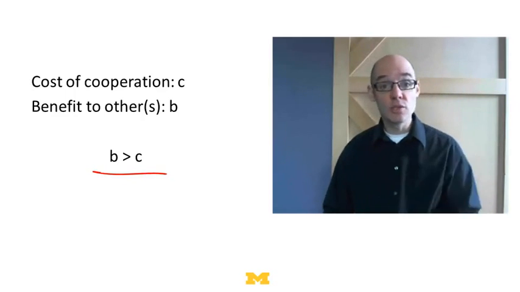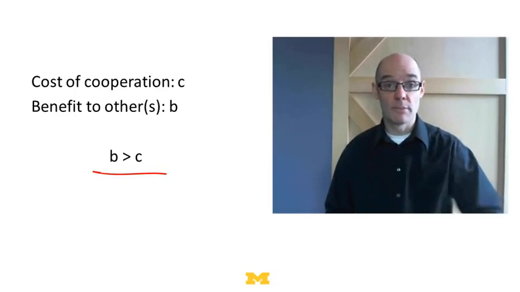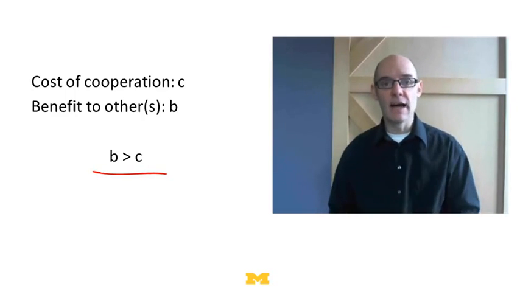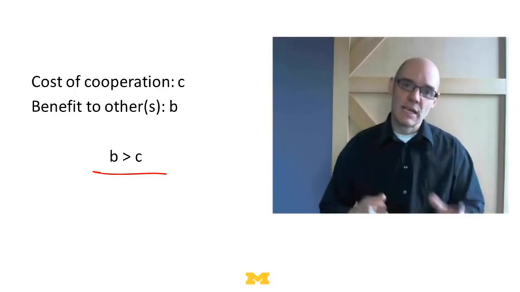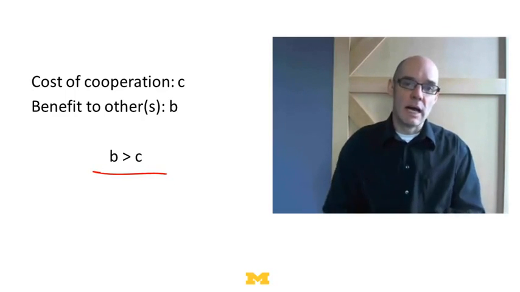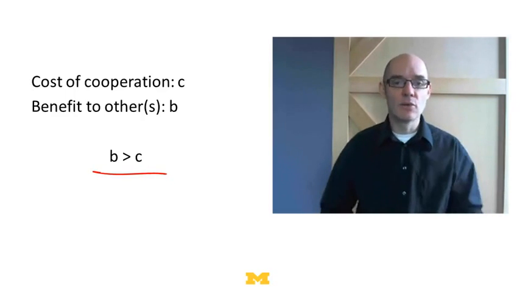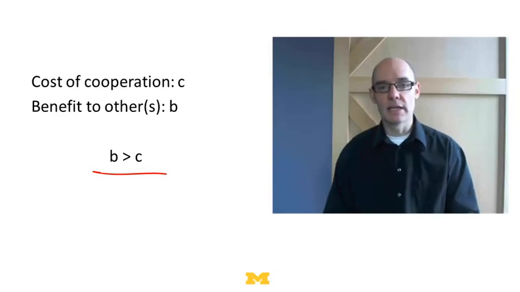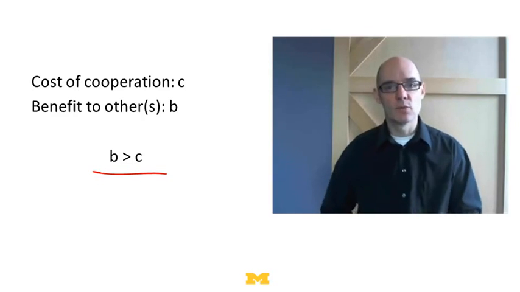So therefore, socially, we'd like me to cooperate because the other person's benefit is larger than my cost. Individually, I'd like to not cooperate because my cost is positive. So this captures the essence, really, of a prisoner's dilemma, right? Individually, I'd rather not cooperate. Socially, everyone would prefer if I do cooperate. So in this simpler setting, I want to talk about the different ways in which we can get cooperation.